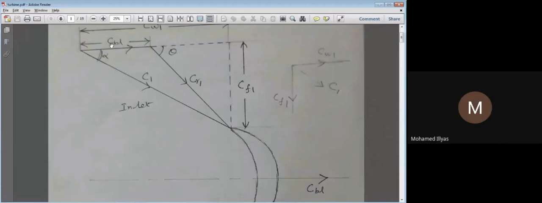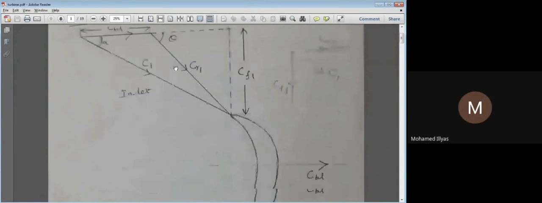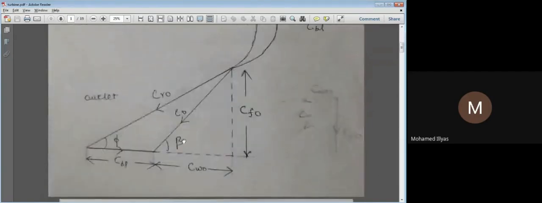C is the velocity of the steam, CBL is the velocity of the blade, CR1 is the relative velocity, CW1 is the tangential or whirling velocity, and CF is the axial or flow velocity. Alpha is the steam striking angle, theta is the inlet angle of the blade, beta is the steam leaving angle, and phi is the outlet angle of the blade. In this way, we can understand the velocity triangle for the turbine.